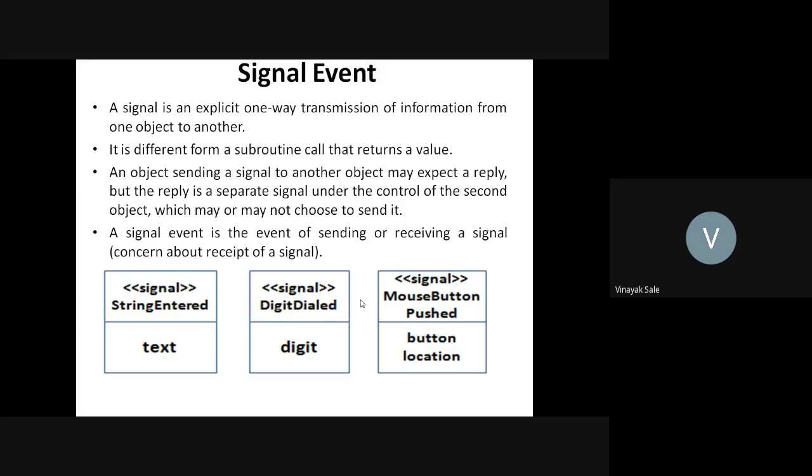These are in the form of digits, or wait for 120 seconds, 30 seconds. These are digital signals. And the third signal is mouse button pressed, that is button location, left or right. What is this? It is a signal event.